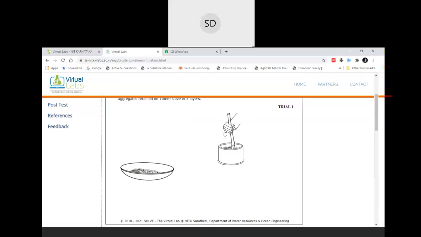Compact this with the rammer 25 times. Then take another layer and again compact it with 25 blows. Then again another layer, put this in, and again compact it with 25 blows.